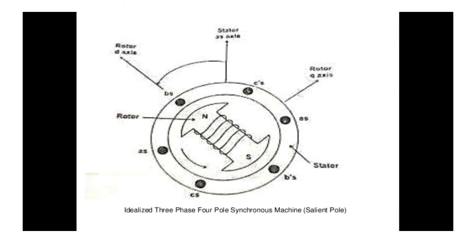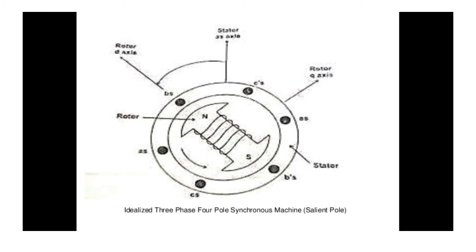Two MMFs act on the D axis, that is the direct axis, of a salient pole synchronous machine: the field MMF and the armature MMF, whereas only one MMF, the armature MMF, acts on the quadrature axis, because the field MMF has no component in the quadrature axis. The magnetic reluctance is low along the poles and high between the poles.